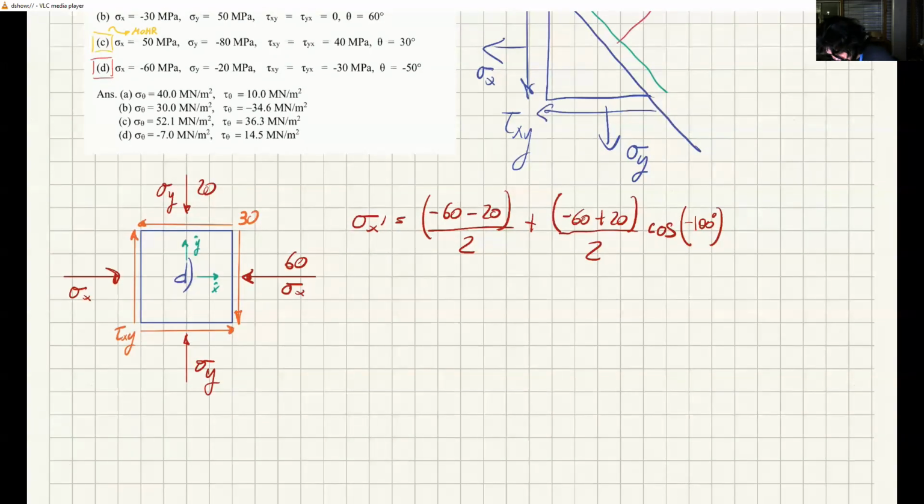Now, plus means minus 30 sine of minus 100 degrees. And this gives, according to the solution, a stress of minus 7 megapascals.